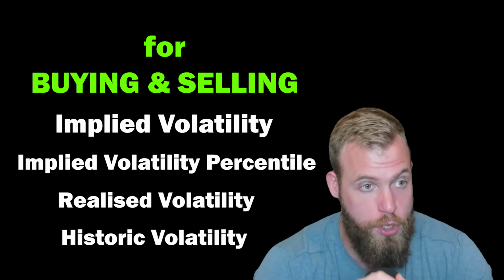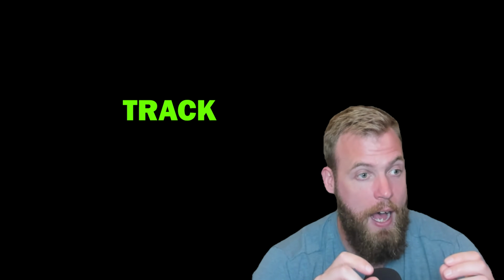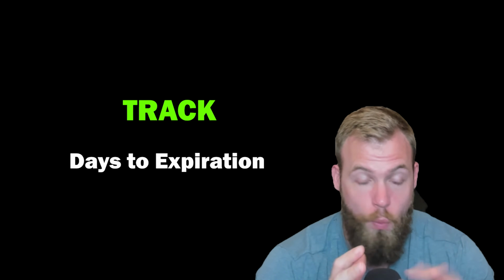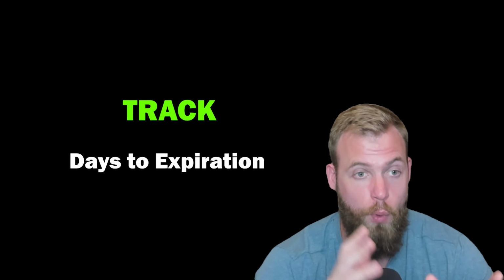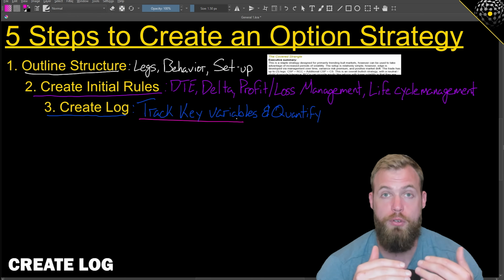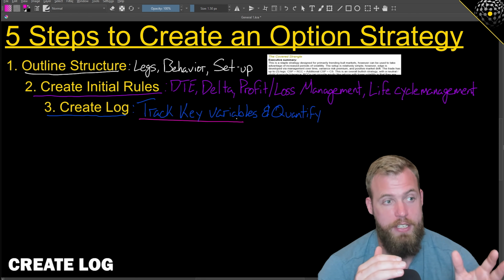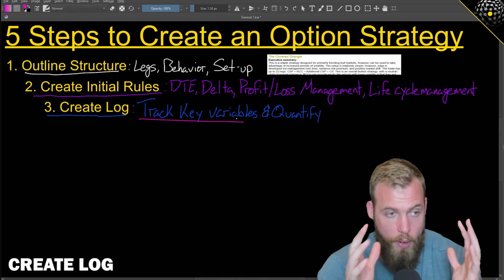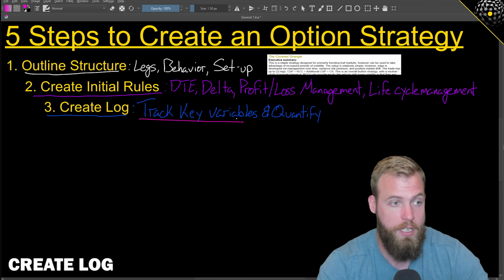Those matter for most of those strategies. I would want to track also days to expiration, what different windows we have when we're managing things, because you'll start to understand, if I am trading 30 delta short strangles, when are they getting challenged most frequently? Is it when I first put them on? Is it 3 days in, 7 days in? You can create data sets around all of this and make informed decisions.